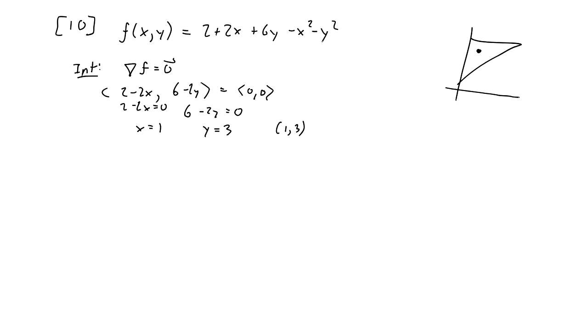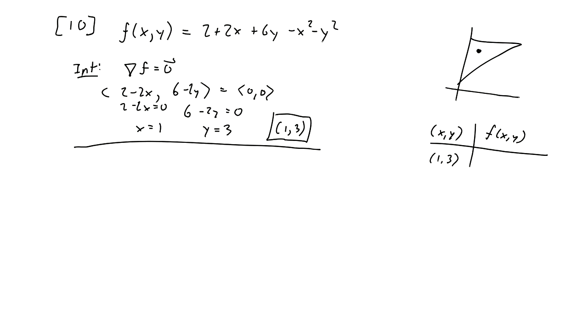But here we just got one and it was inside the region. So we're going to take that and add it to the list. We'll start the list over here, although we'll probably run out of space. So in terms of interior critical points, we would be adding 1, 3 to the list.